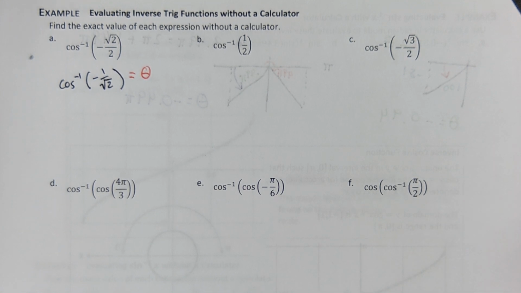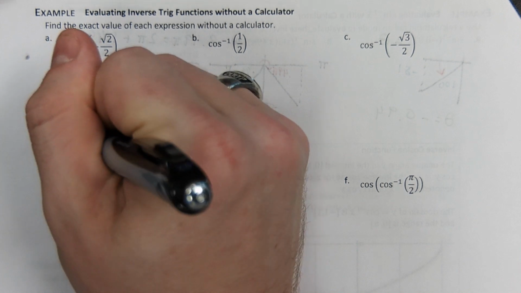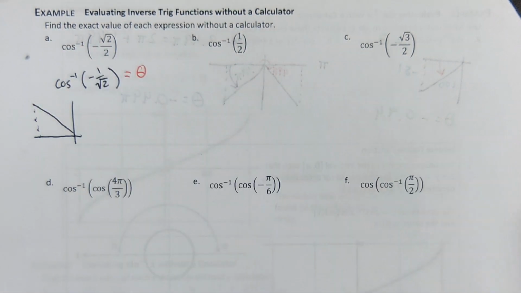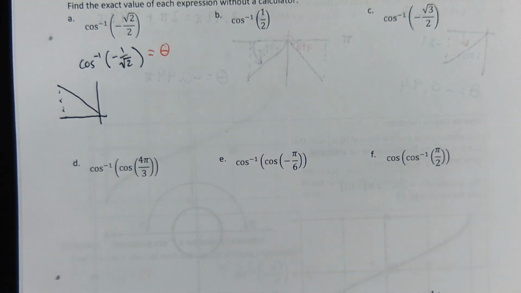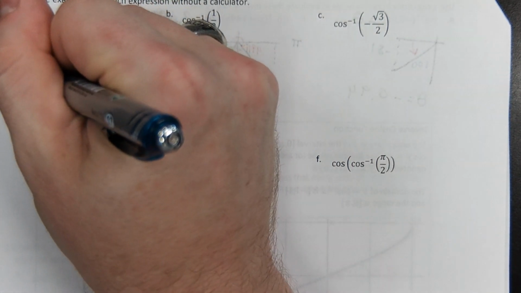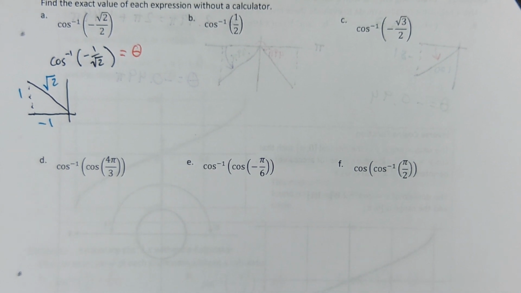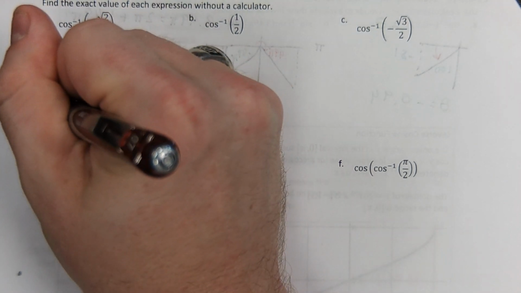Quadrant 2. And that's why we draw this in quadrant 2. The x would be negative 1. The r is root 2. That makes this a positive 1. So then what is the size of the reference angle? What special kind of triangle are we dealing with? Yeah, this is a 45, 45, 90 triangle.